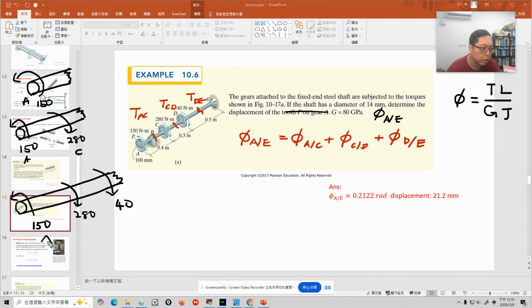So that's A, C, E. We draw these three sections, cut them, and analyze each section.